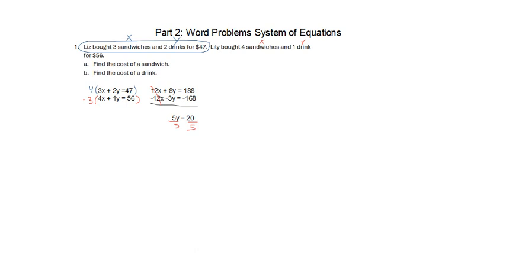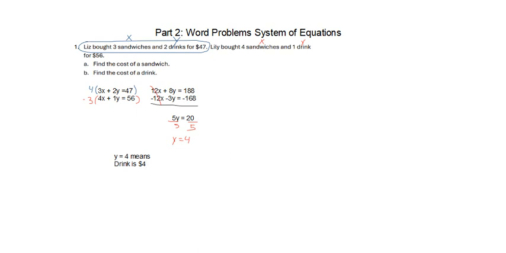So that means y is equal to 4. Now remember, y represents the cost of a drink. So in this case, y equals 4 really means a drink is $4.